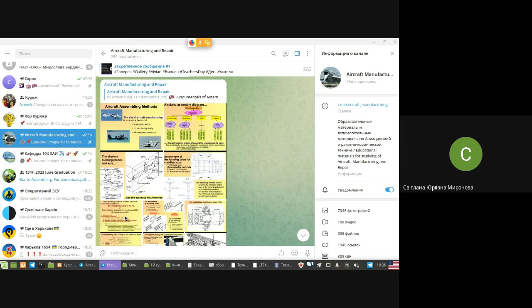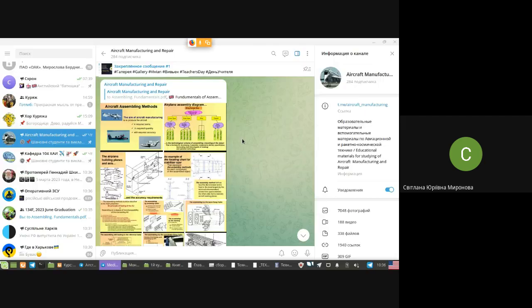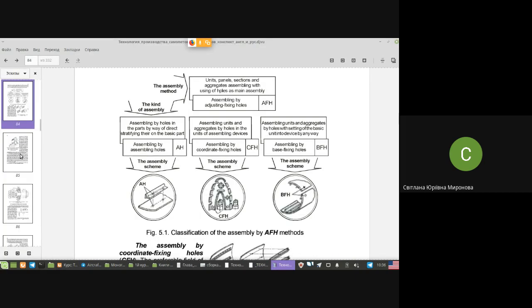And here you see, referring to the book once again, principle of locating, principle of basis being used, and principles of degree of interchangeability providing. What we are going to talk about right now is this degree of interchangeability. Where it's written in the book, I said, I'm trying today to refer exactly to the book.